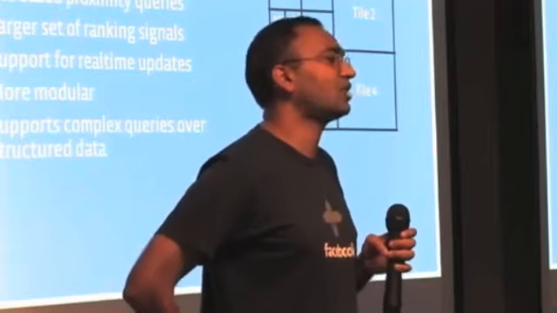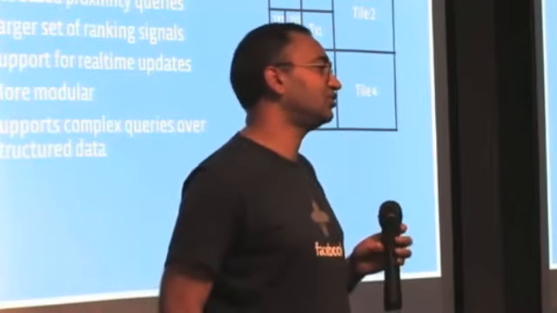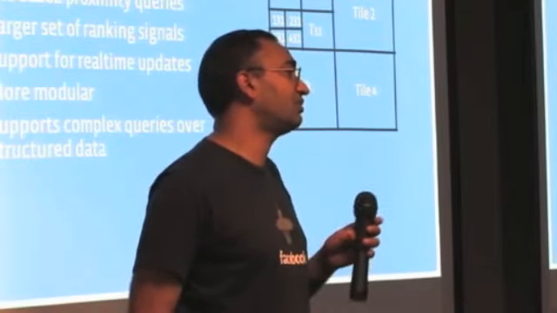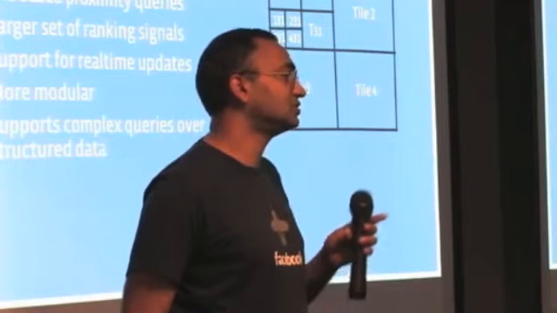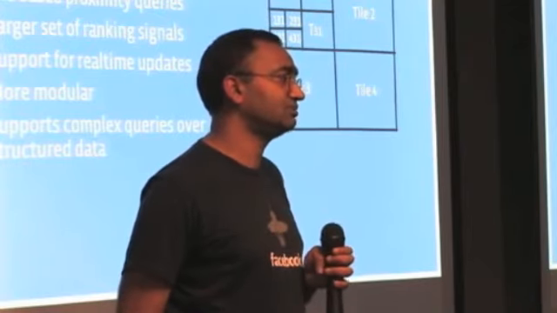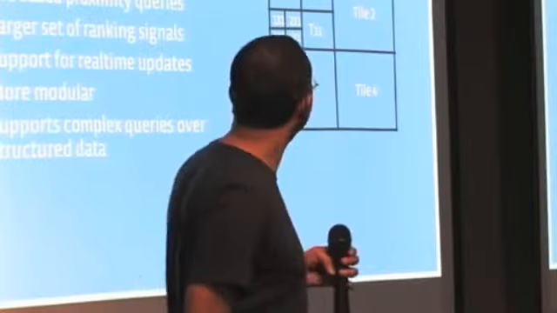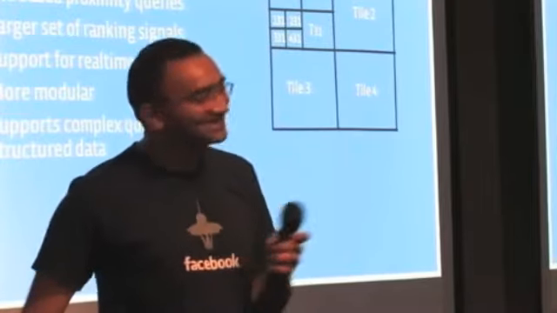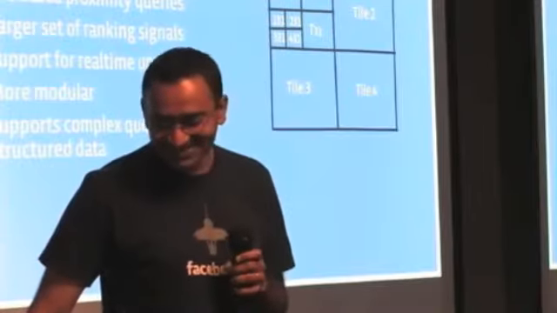You want to make sure that you generate relevant results for the user, and we'd like to use every possible signal that we can in order to make sure that that happens.